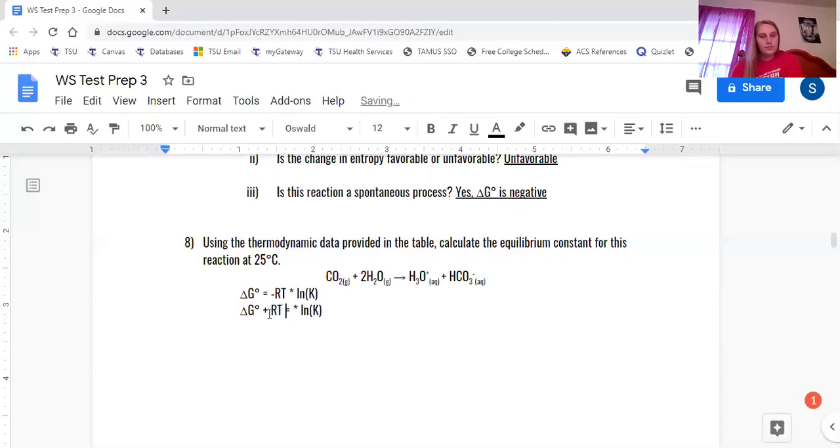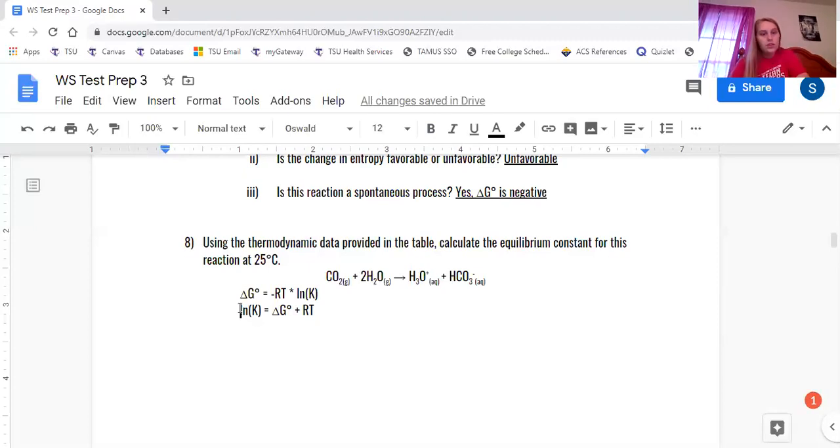Then, because we're trying to find K, that's what we're doing. And then to get rid of natural log, that's where you do e to the negative, but we're not going to do that yet. So just going to leave it like this for the time being, and then we will do that in a minute. So we're trying to find this.